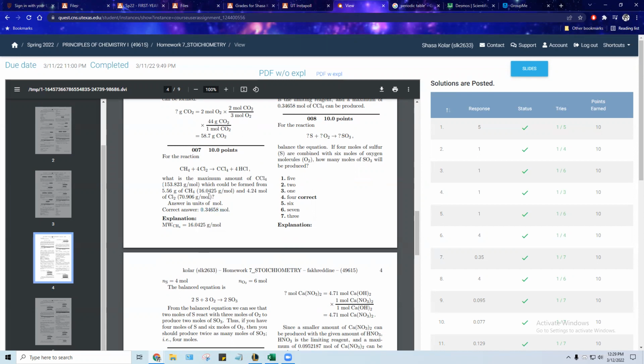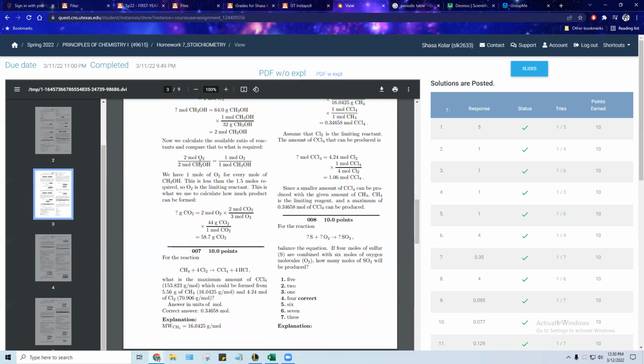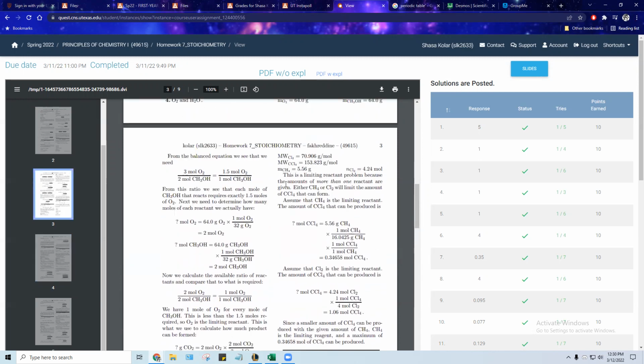So use their numbers whenever they give them. If they didn't give you this number, I would just use 16.05, and that'd be fine. But they give you the number, so always use it, because they have you plugging in the exact number rather than multiple choice like up here.